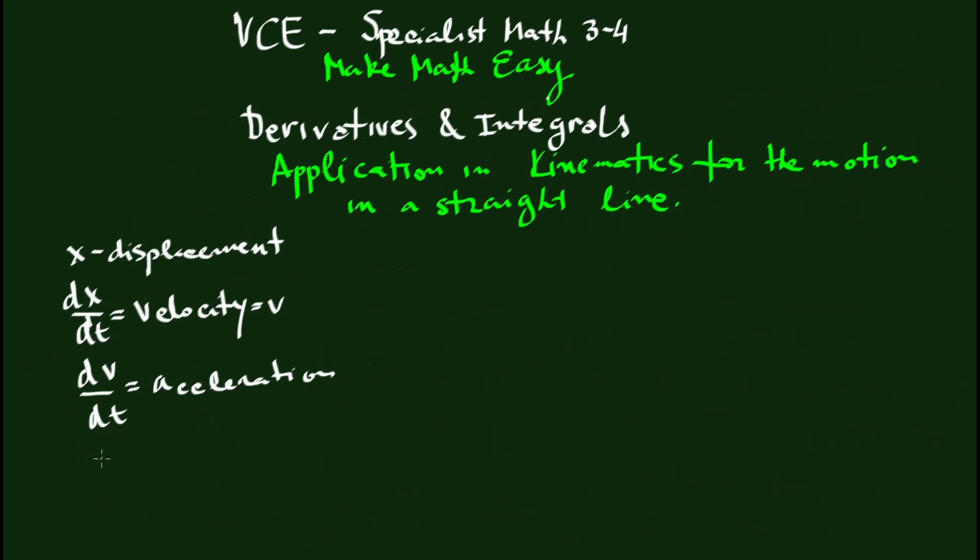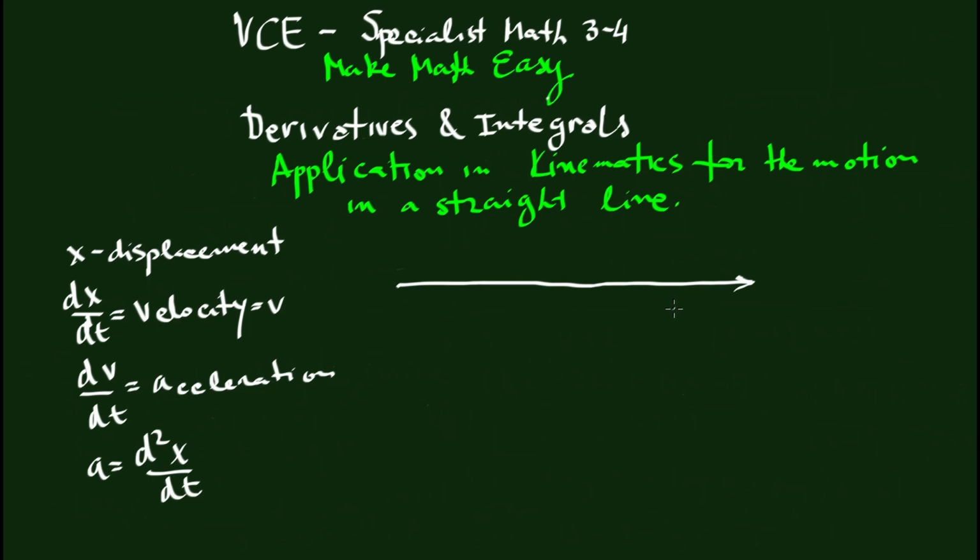So it's obviously that acceleration is the second derivative of displacement by time. So let's see an example and discuss the value. So this is the motion in a straight line.